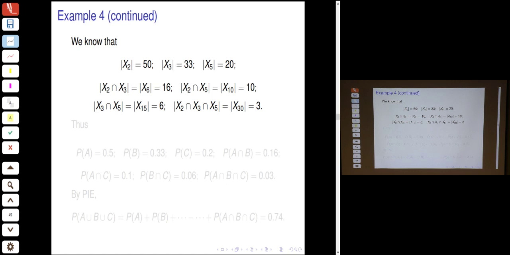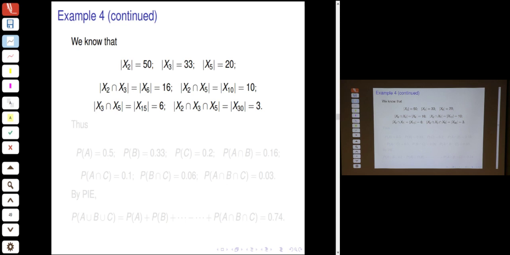Now, luckily, these numbers, 2, 3, and 5, have no common divisor, so the counting was simple. If you are a multiple of 2 and a multiple of 3, actually you are a multiple of 6 in this particular case.